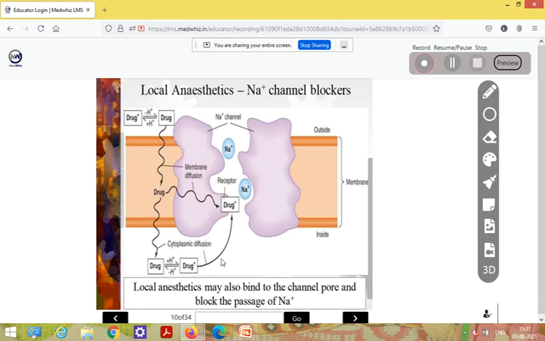Now this ionized drug finds its way to the receptor. So you see here, this is the receptor for the local anesthetic. And on entering this, it is going to act on the sodium channels. So local anesthetics bind to the channel and block the entry of sodium.